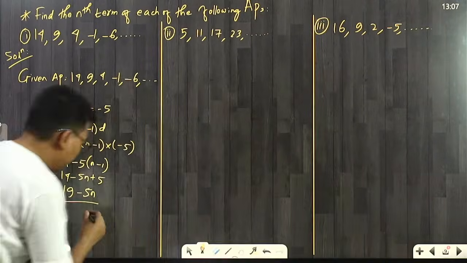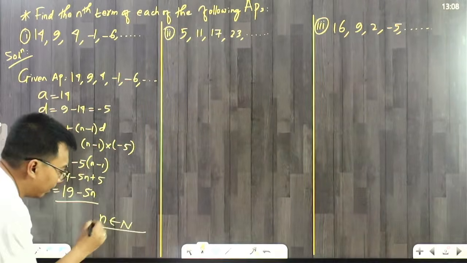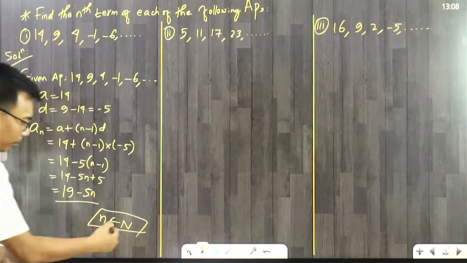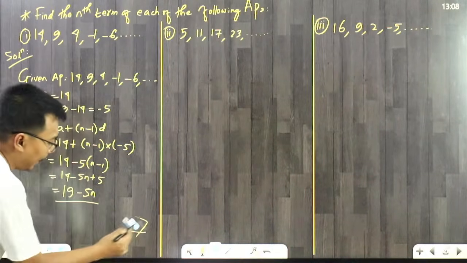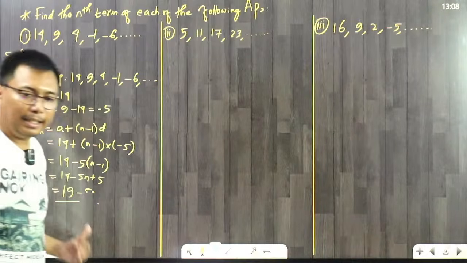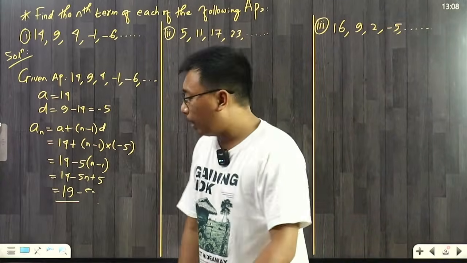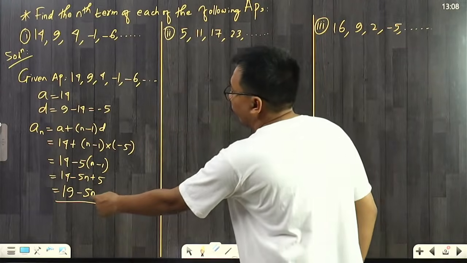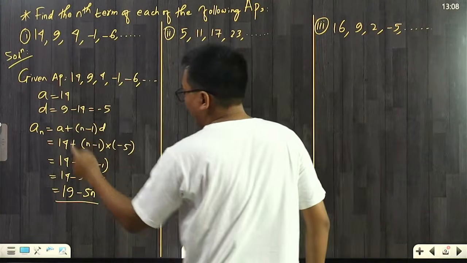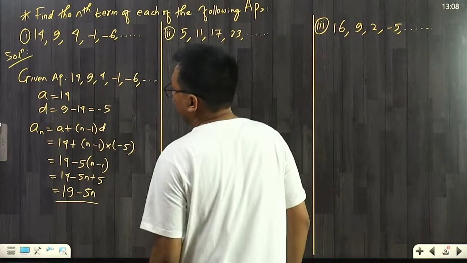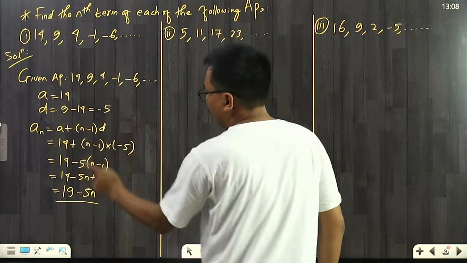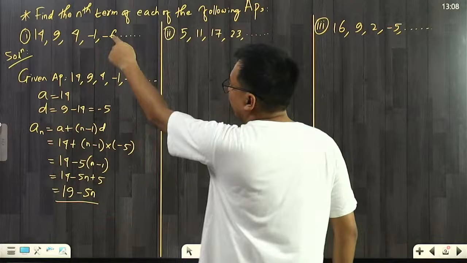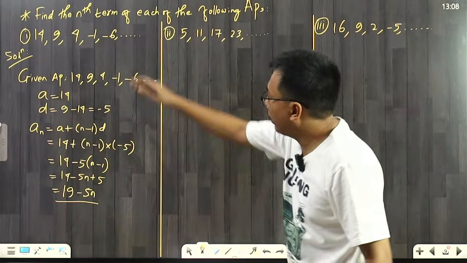Which means in place of n, remember this n belongs to natural numbers. This n is a natural number. Put 1 here, you'll get this. Put 2 here, you'll get this. Put 3 here, you'll get this. Put 4, put 5, put 6 here, and you'll get the terms.